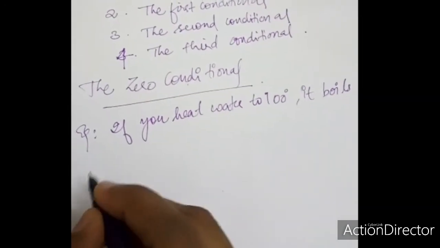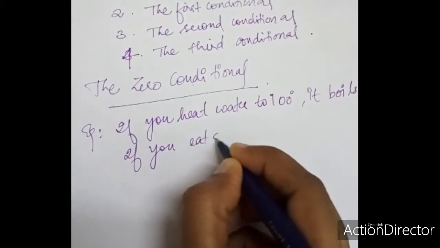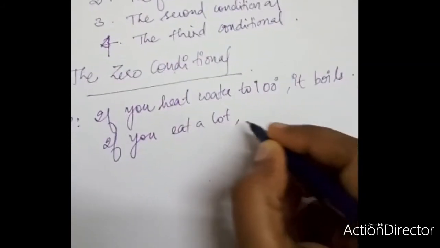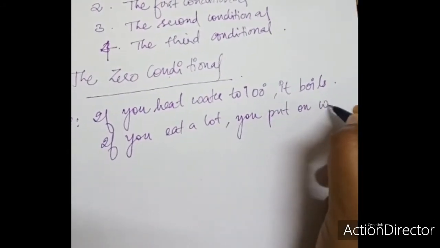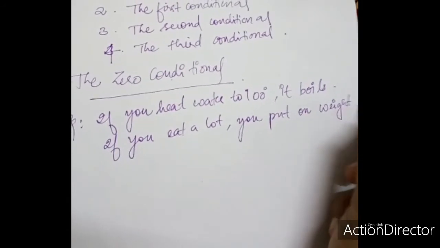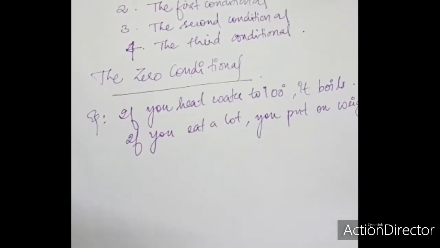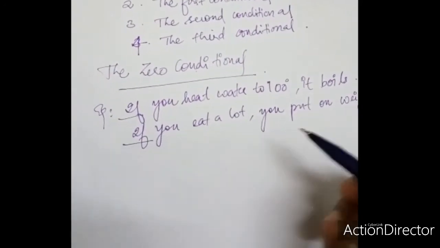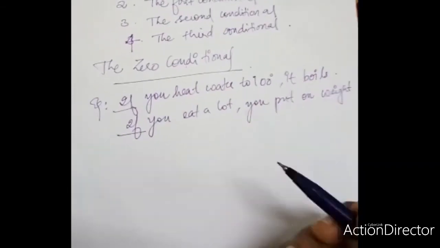Another example. If you eat a lot, you put on weight. So that's a general truth, right? If you eat a lot, then you put on weight. So that's another example. So these sentences start with if, and have 2 parts. Another example.